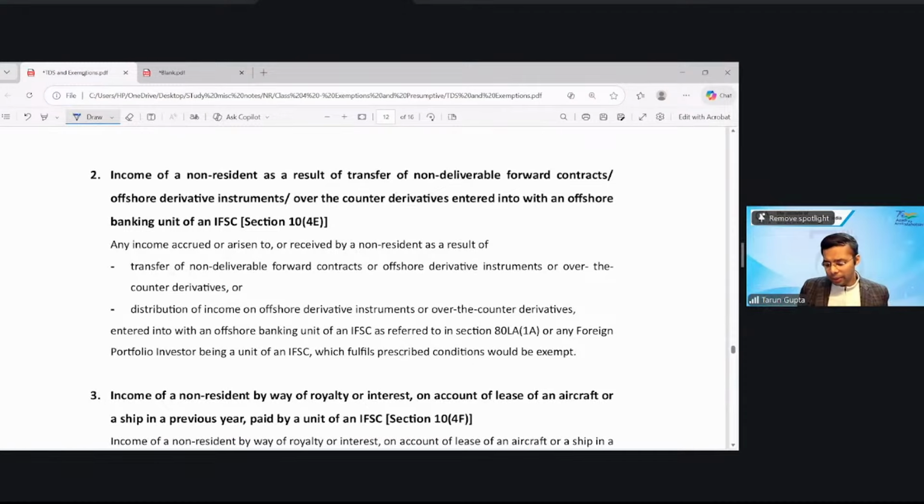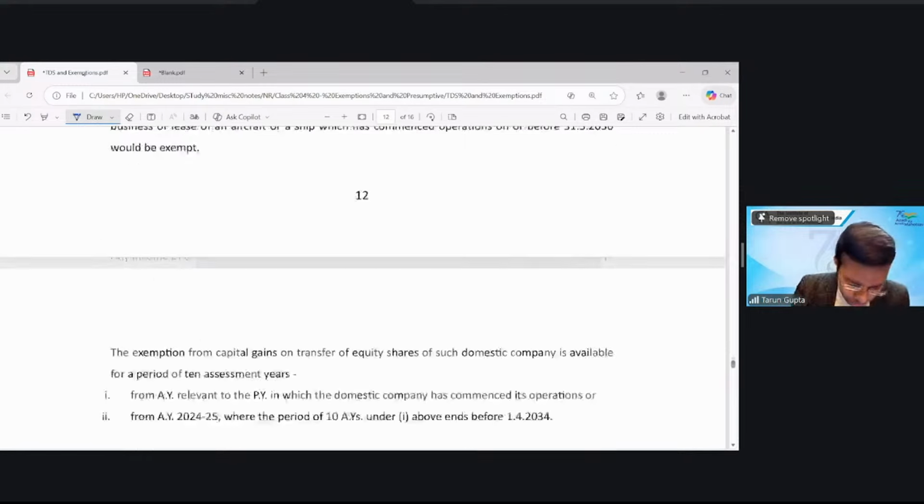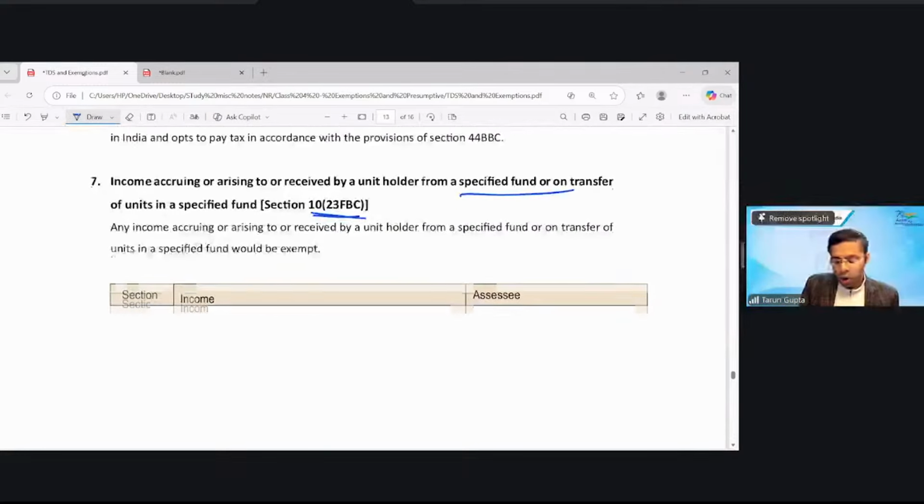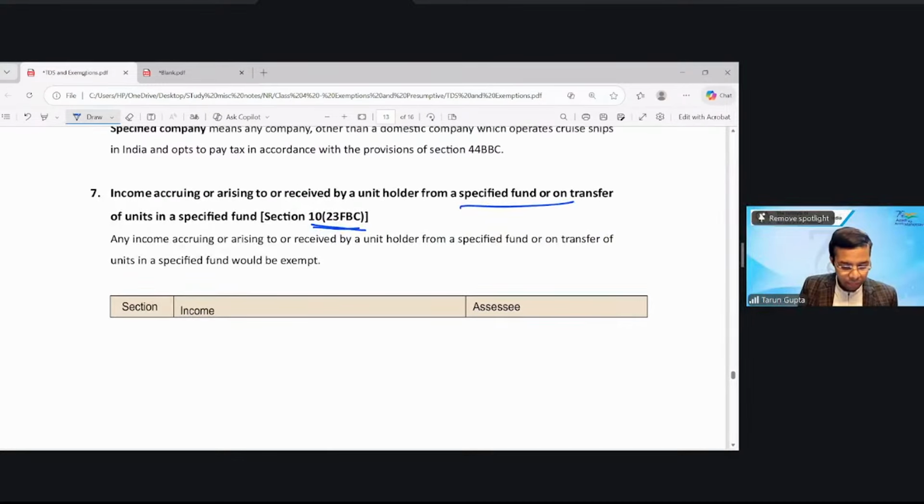So this was the exemption available to a specified fund located in IFSC. Now there is a corresponding exemption available to the unit holder of this fund. See, 10(23FBC). It says income accruing or arising to or received by a unit holder from a specified fund or on transfer of unit in a specified fund shall be exempt.